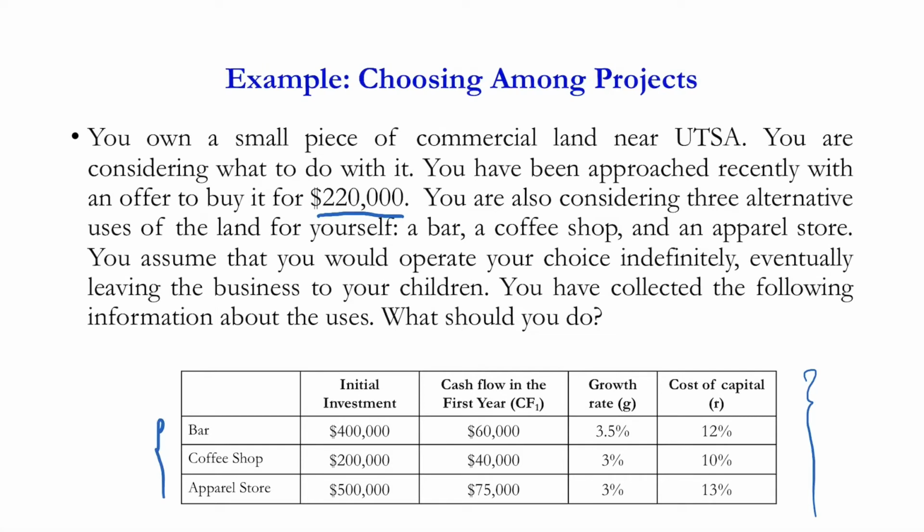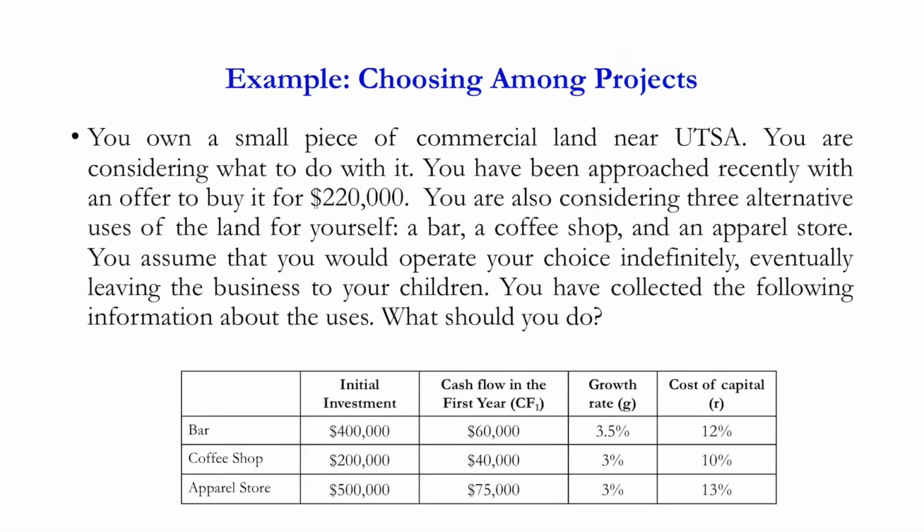In this table, I have the initial investment for each of these projects, and I have given a first cash flow, or the cash flow at the end of the first year, for each of these projects. And I also have a growth rate and the cost of capital for each of these projects. So now let's see how we can solve this question.